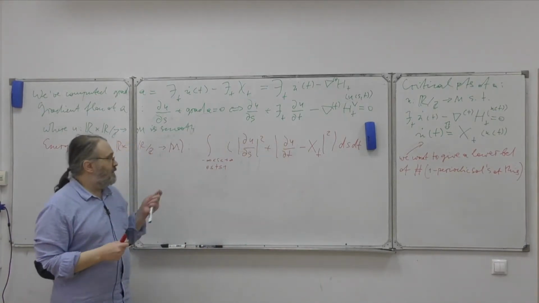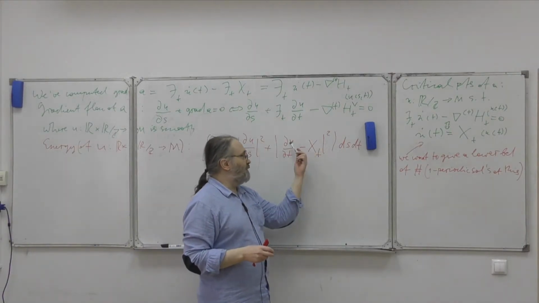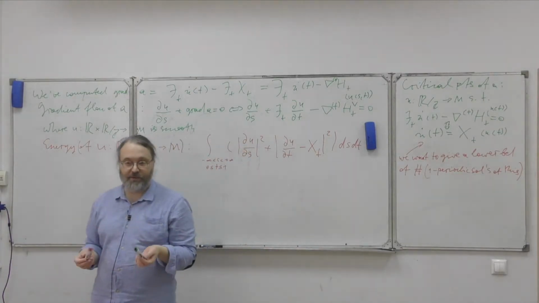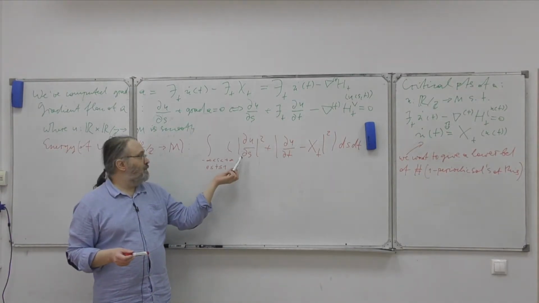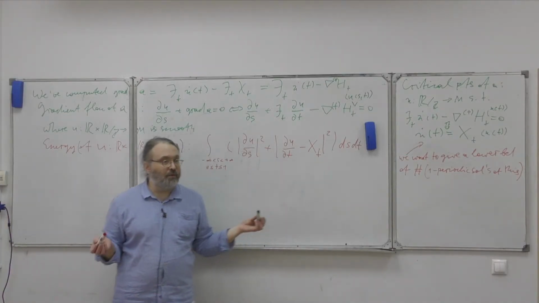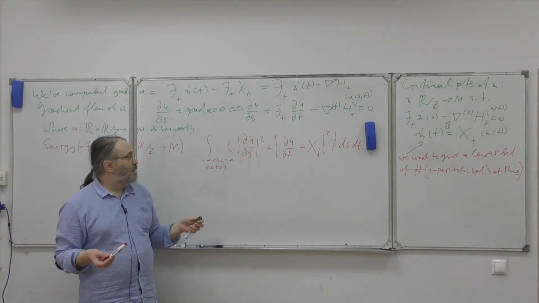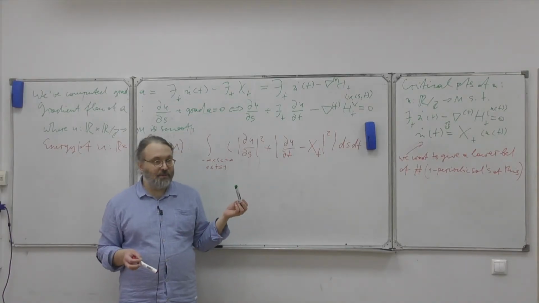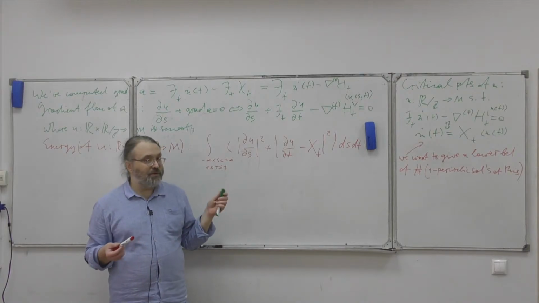Okay, now the question is, I take the square of the modulus of something. Where does this something live? du by ds, du by dt, and X_t. Where do they all live? Well, they live in some tangent spaces. Tangent spaces have metrics, many of them. Which one do we choose?